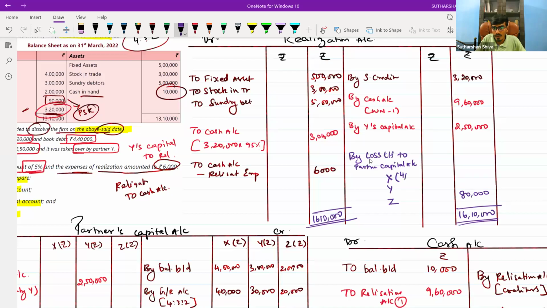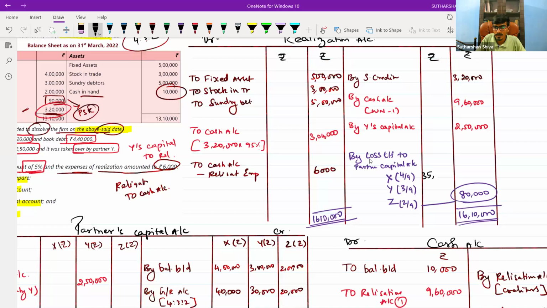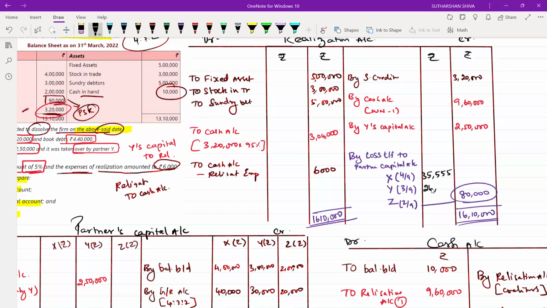If I want to write it, I will write it as 4 by 9 for simplification and understanding purposes. I will write it in my exam also. 80,000 divided by 9 into 4. What is the value? 35,555. Divided by 4 into 3: 26,667.